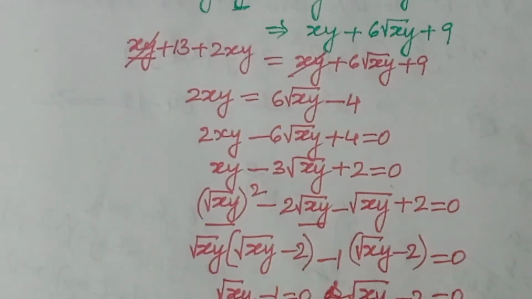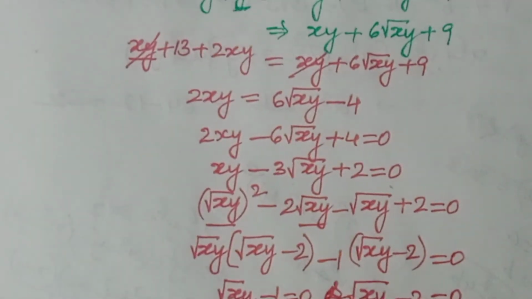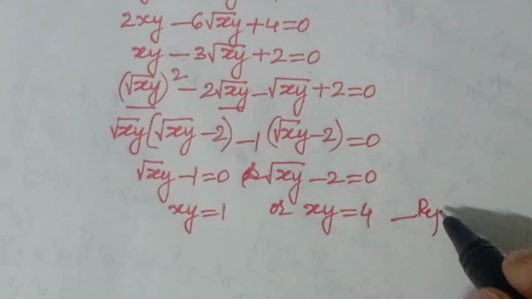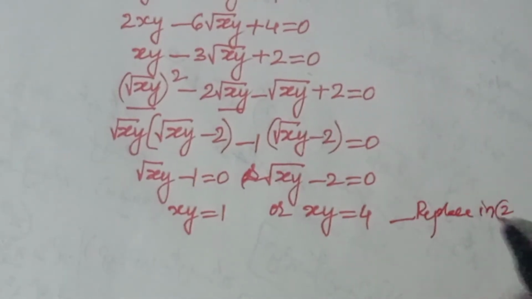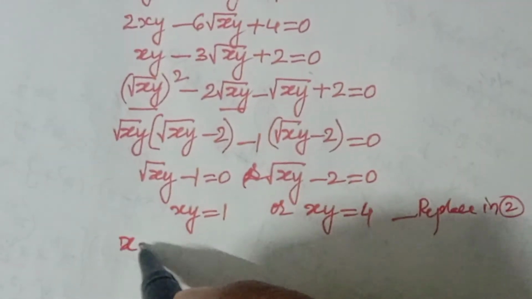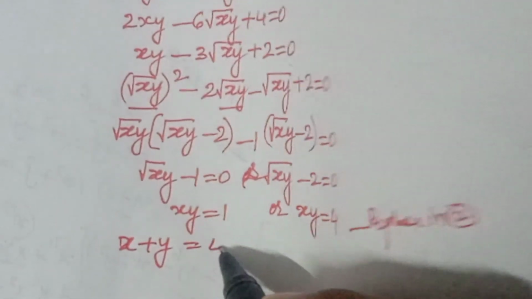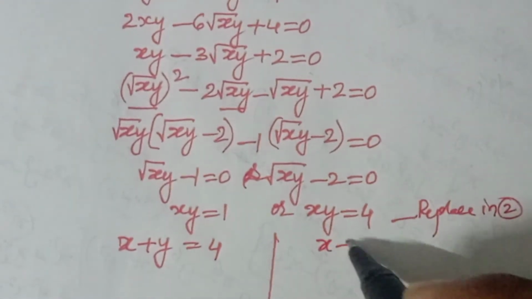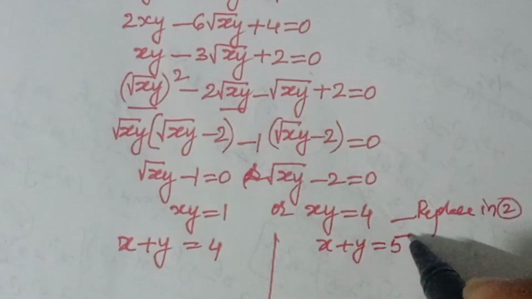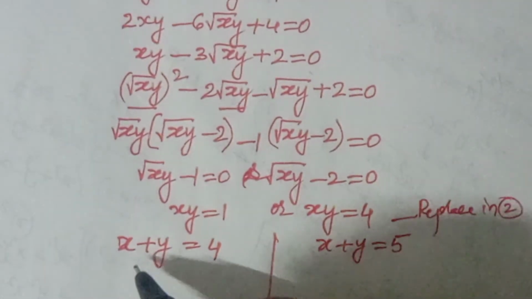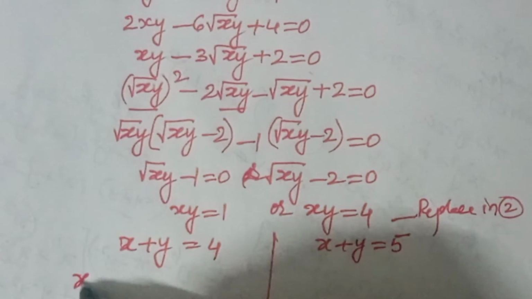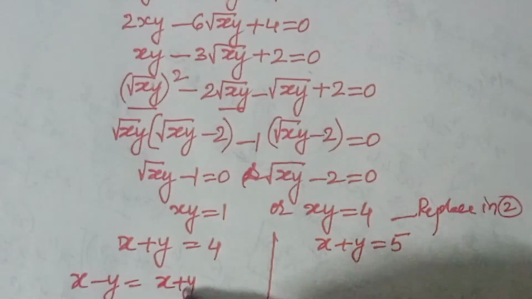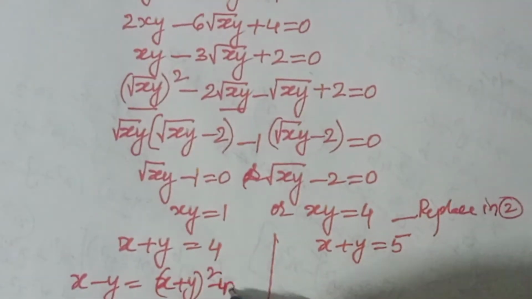So here we should replace these values in 2. Replace in the second equation. What will we get here? x plus y is equal to 4. For the second one we will get x plus y is equal to 5. So if you apply the formula, x minus y is equal to x plus y whole square minus 4xy.